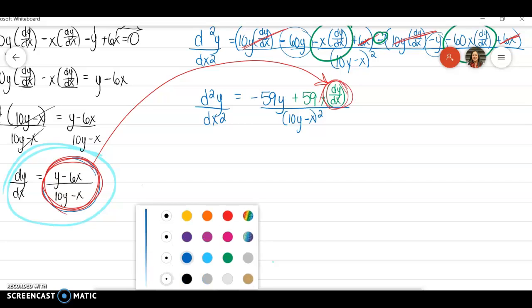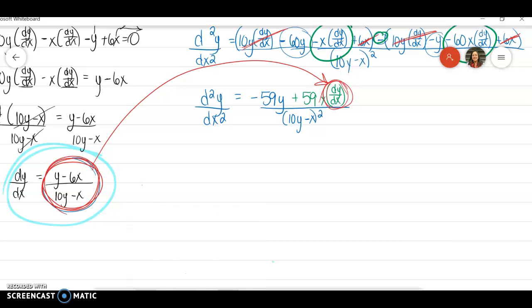So my next step here, and this is tedious, it is, we have to substitute what we know dy over dx to be equivalent to, and dy over dx is equivalent to that y minus 6x all over 10y minus x.